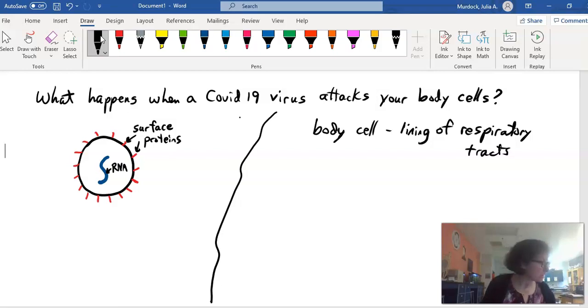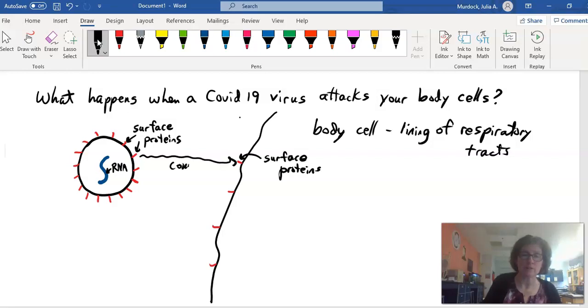All right, so what happens here is your body cells also have surface proteins. All body cells have all kinds of surface proteins. And your body cells in your respiratory lining have surface proteins that just happen to fit specifically to the surface proteins on the virus. So these connect.